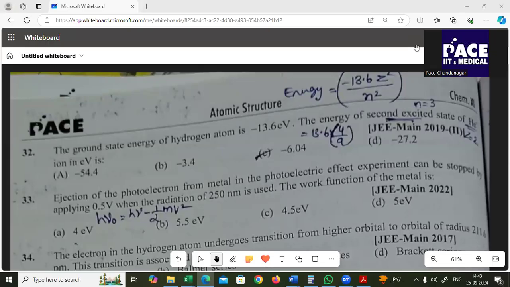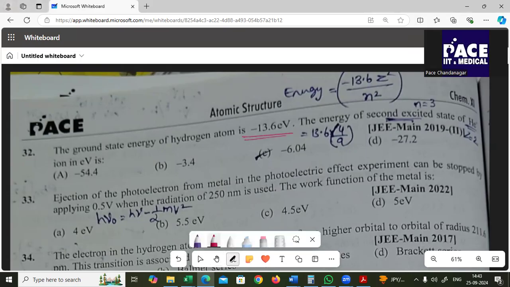Now the ground state energy of the hydrogen atom is given to you here, which is minus 13.6 electron volts. Energy of the second excited state. First excited state is n equals to 2, ground state is 1. Second excited state is n equals to 3 for helium.